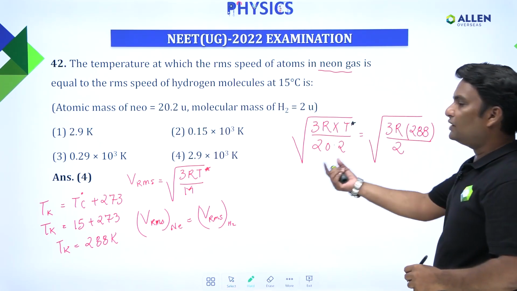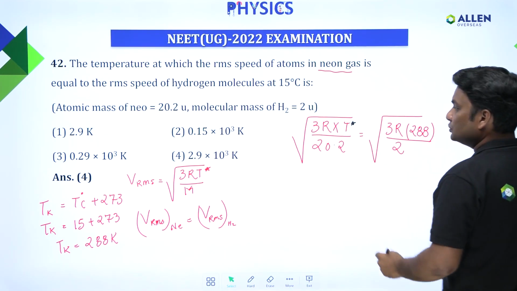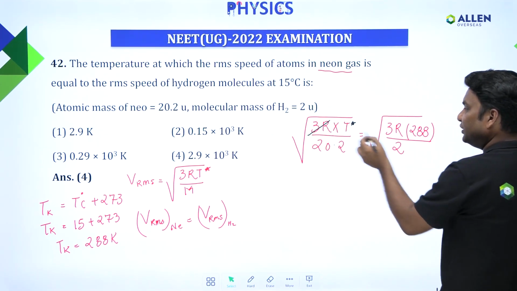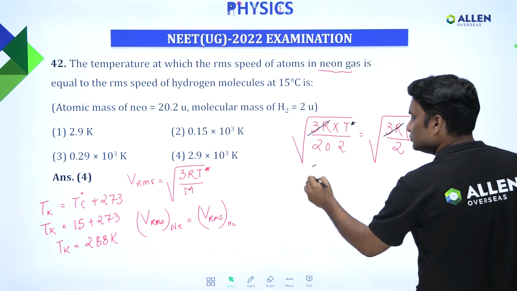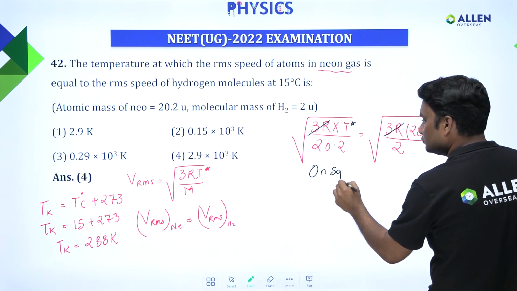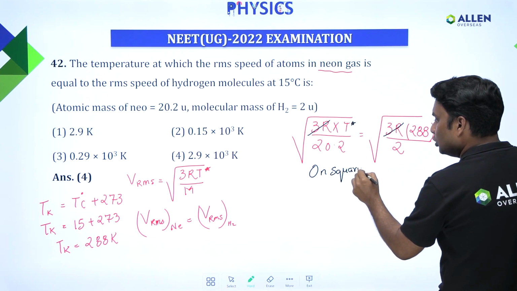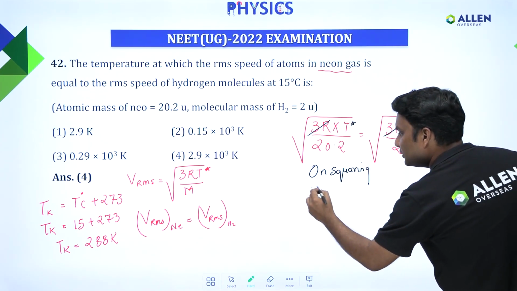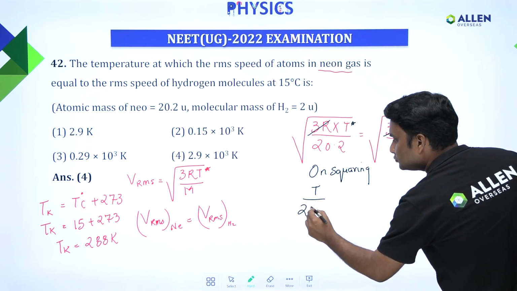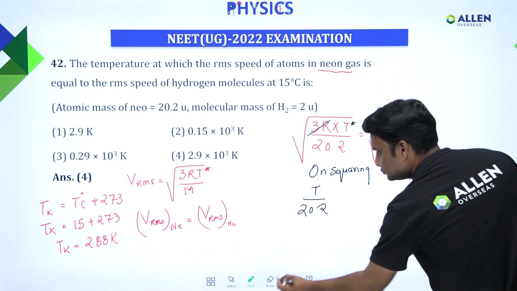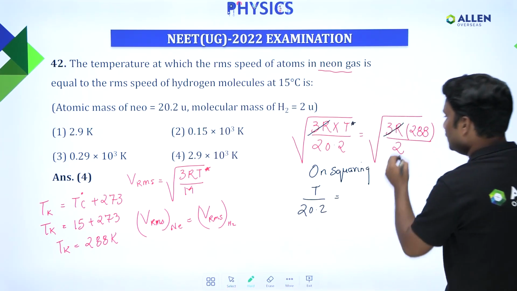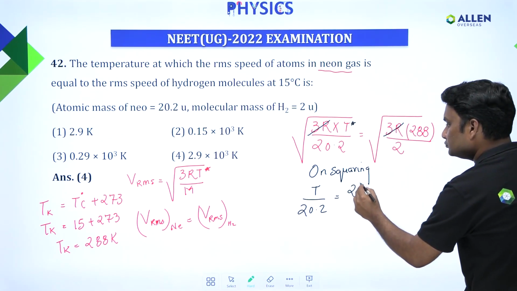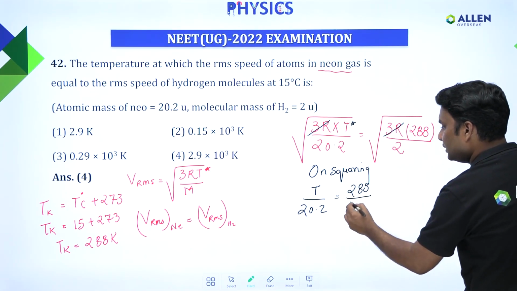So we can square both sides. We can first get rid of this 3R because it is common, and after squaring, T by 20.2 equals 288 by 2.